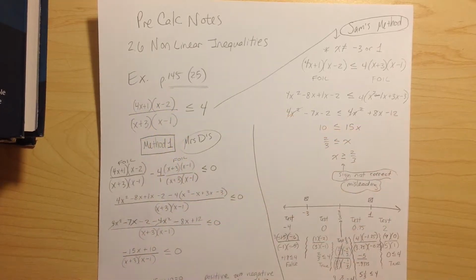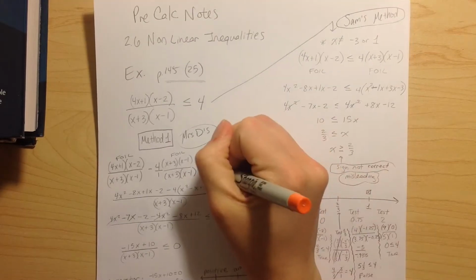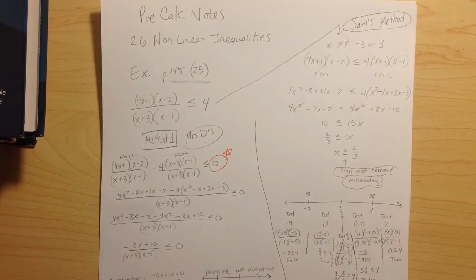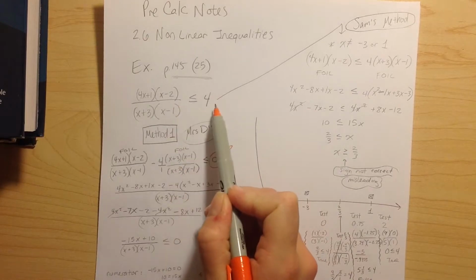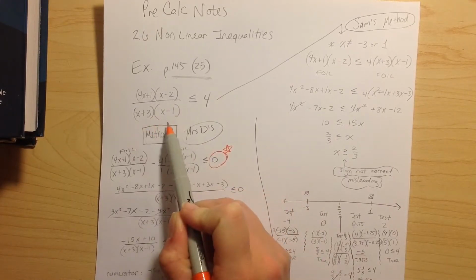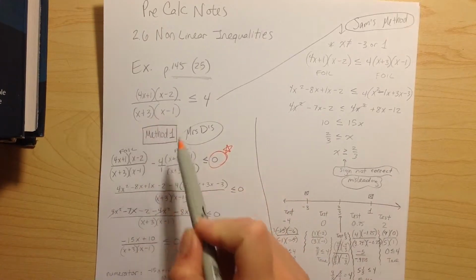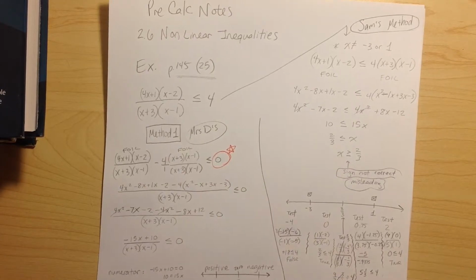So here's my way. What we would need to do is set it equal to 0. That was always the key point of my method, that we need to get the 0 here. That's super important. So to do that, we just subtract 4 over. But in subtracting 4, it does not have the common denominator of x plus 3, x minus 1. So we need to force that to happen.